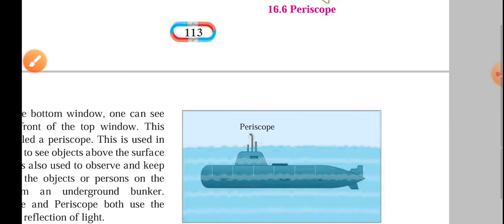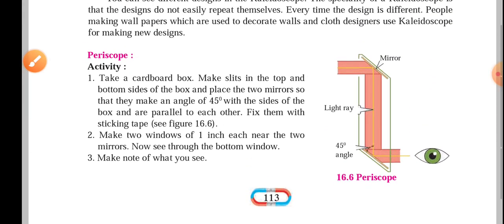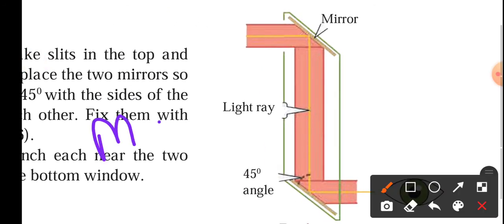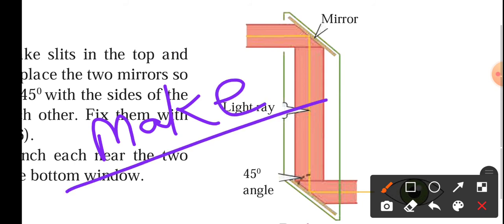So here comes your activity number 2. You have to make a periscope, and you have to post to me your photo along with the periscope you are making.